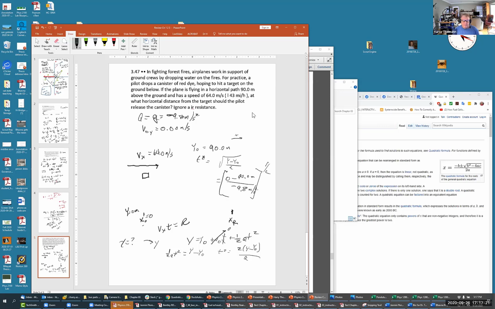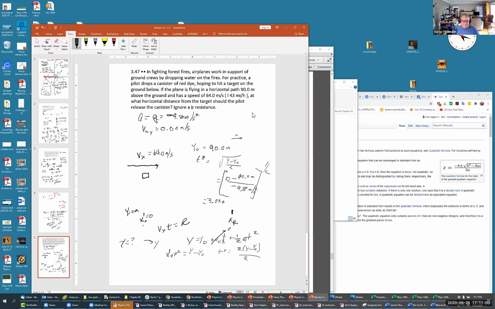So that's going to get us about 3 seconds. Notice the minus signs cancel out. So 90, enter, 9.8, divide, then the square root, and it's basically 3.03 seconds.